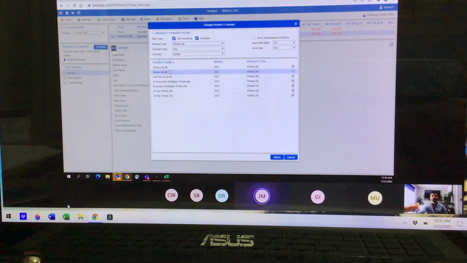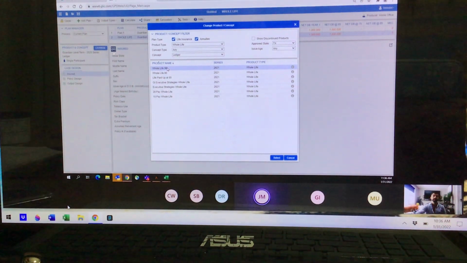So for potentially a small business case or somebody that wants to have a little bit higher cash value in the first 10 years, this may be the way to go. Whereas with this one, if we want to look at higher cash value 15, 20, 30 years out, that's the 99.